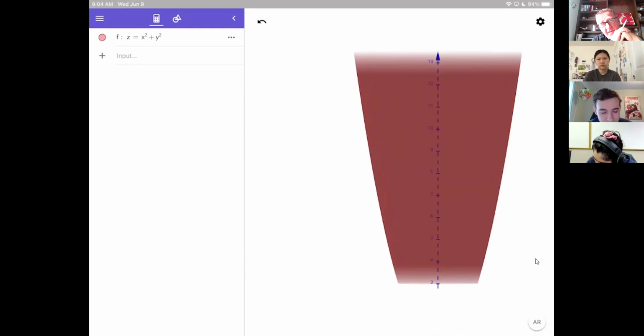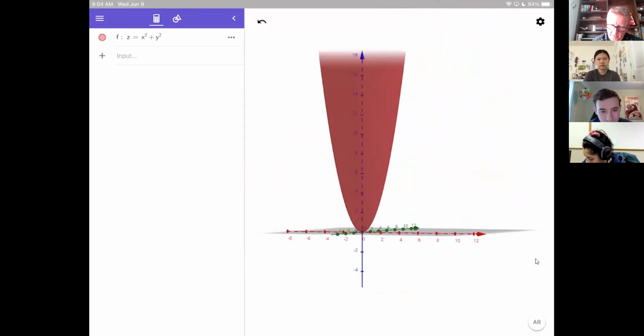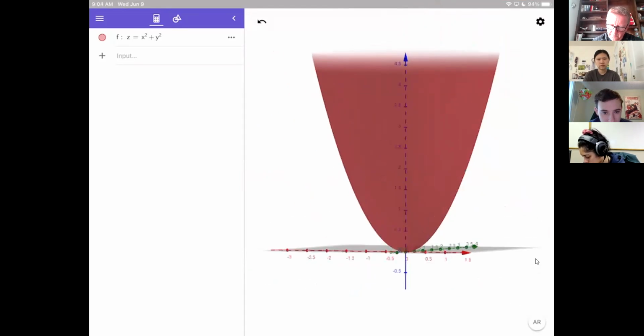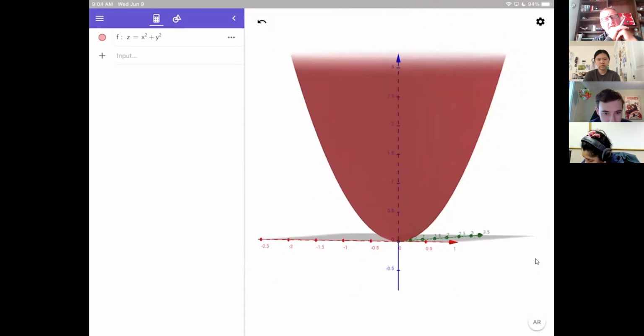If z was 1, then you'd have a circle of radius 1. I zoomed out quite a bit here, but yeah, that's kind of what we would have there. And so actually that's not that surprising, but the key is that it's hollow. It's a surface, not a solid. You understand that? And so that's kind of cool.